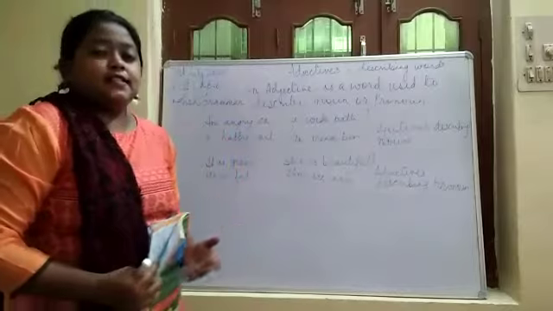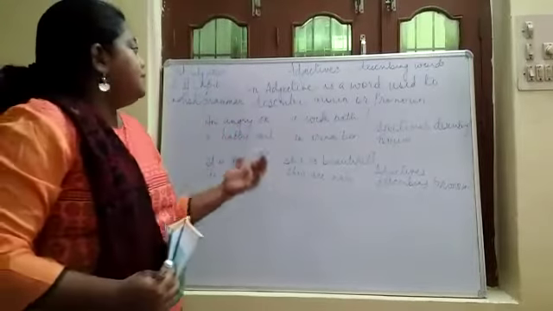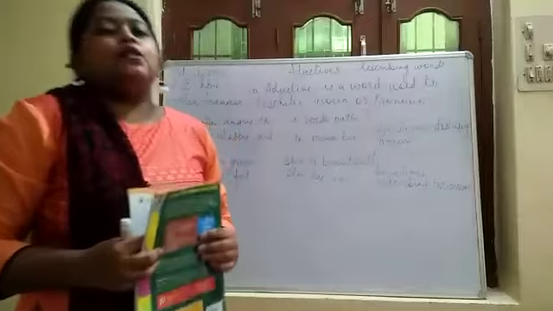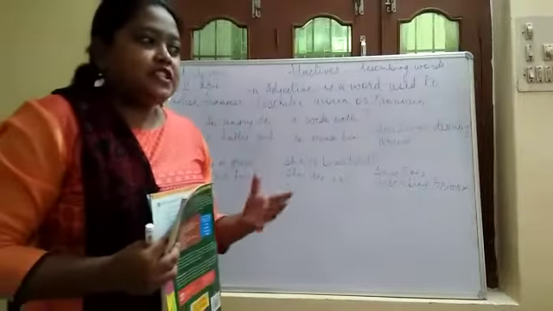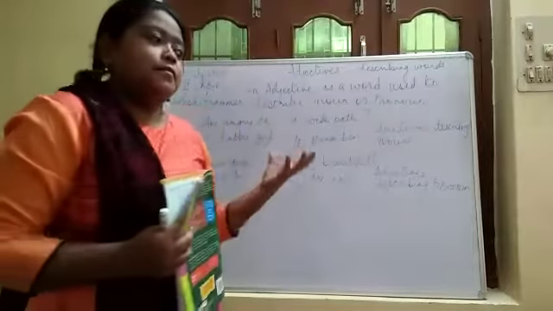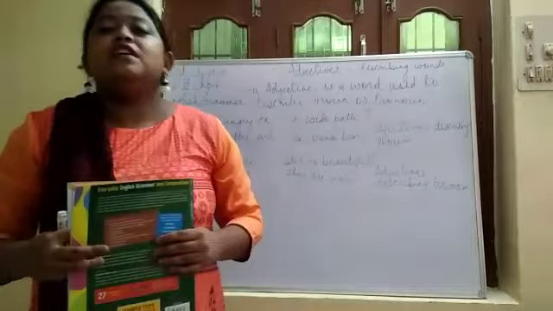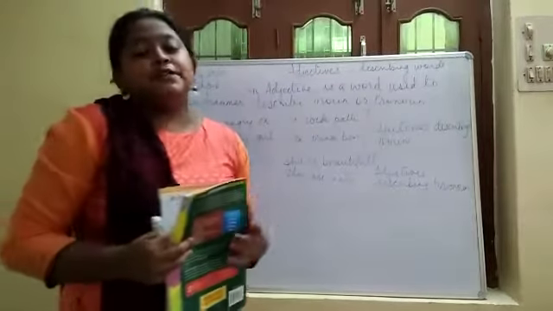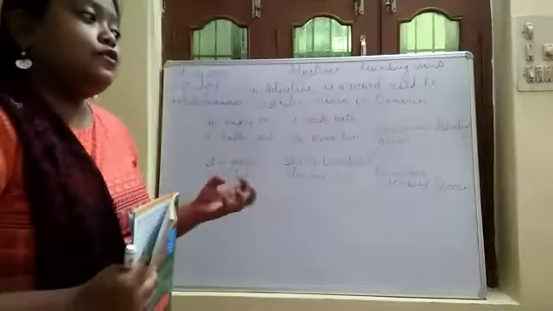And today we'll be discussing another new chapter of English grammar, that is the adjectives. Now, what do we understand by the word adjectives? Adjective is one of the important parts of grammar. It helps us to know the various kinds of words which help us to describe.